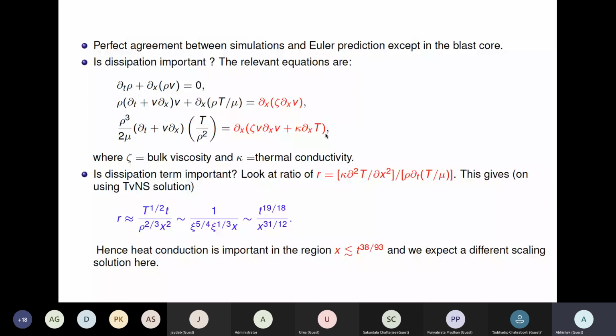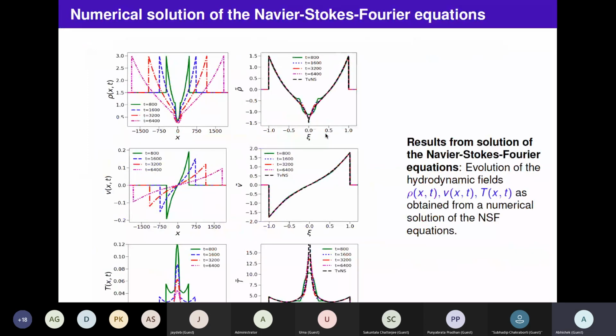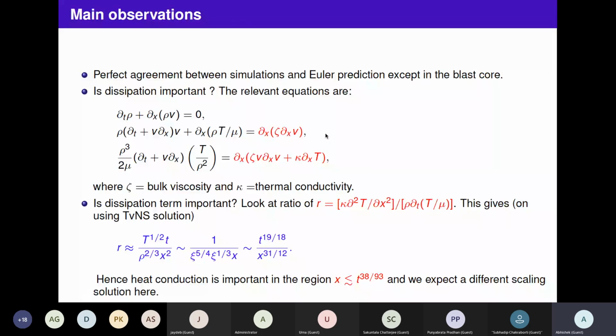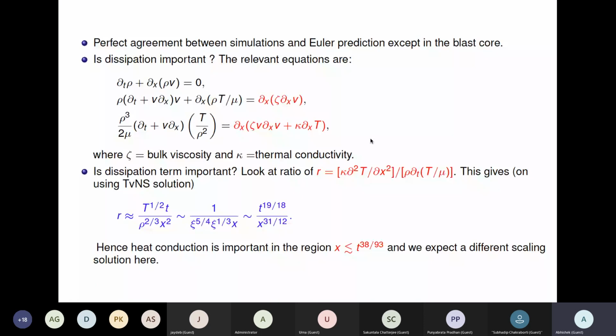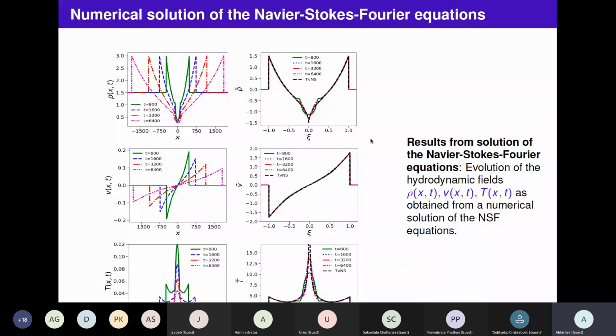So now we have to solve the full equations, and there's no known exact solution. You have to solve it numerically, and this is the numerical solution of the Navier-Stokes equations.